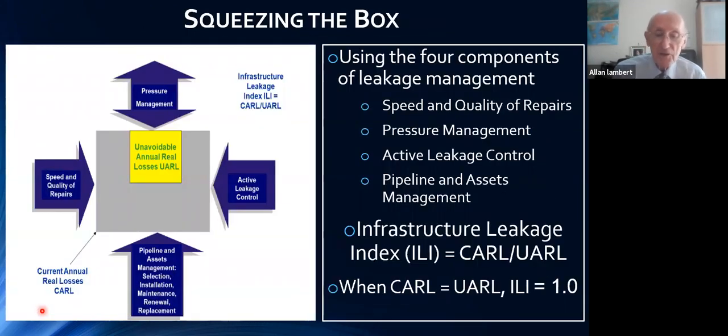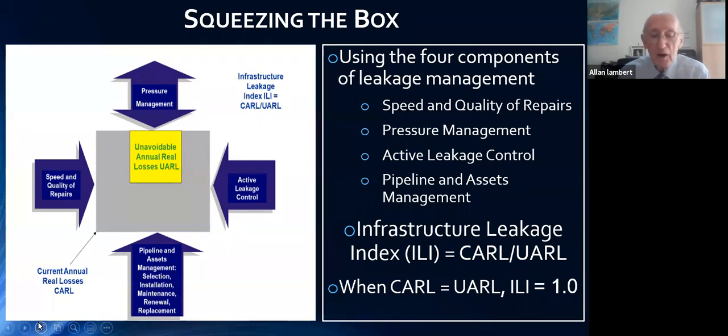This slide now is based on an original idea by David Pearson back in about 1996. And it shows how the 4 components of leakage management are used to squeeze the current annual real losses, CARL, which you derive from a water balance, and that's the grey box.